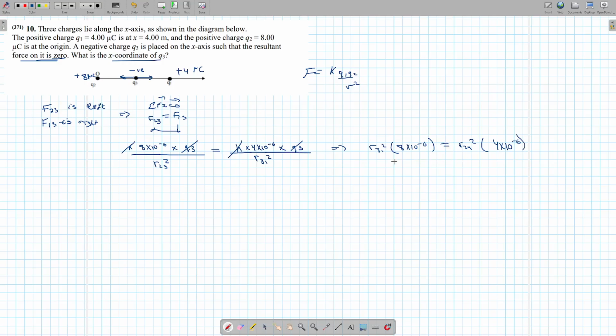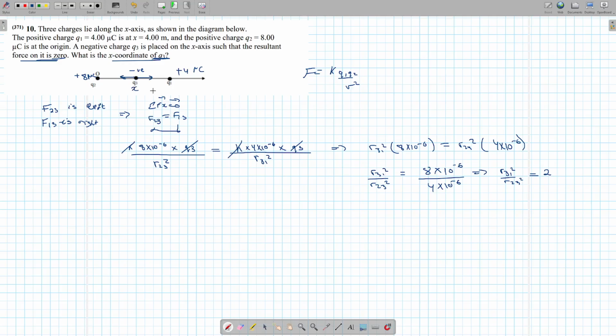Let's make it so that the r's are together. So R31 squared over R23 squared is equal to 8 times 10 to the negative 6 over 4 times 10 to the negative 6, which is just 2 when you divide these. We're trying to find the x-coordinate of Q3.